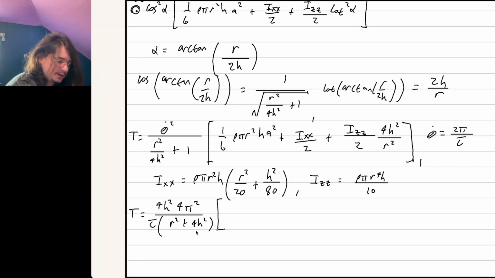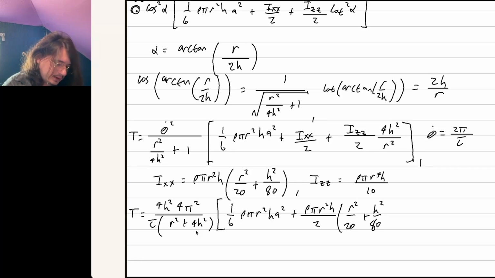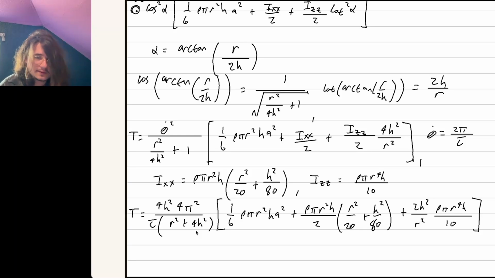Right? 1/6 rho pi r squared h a squared plus rho pi r squared h over 2 times r squared over 20 plus h squared over 80 plus, so that's 2h squared over r squared times rho pi r fourth h over 10. Pretty exciting stuff, this.